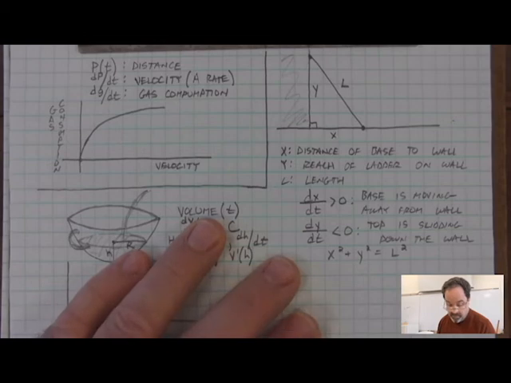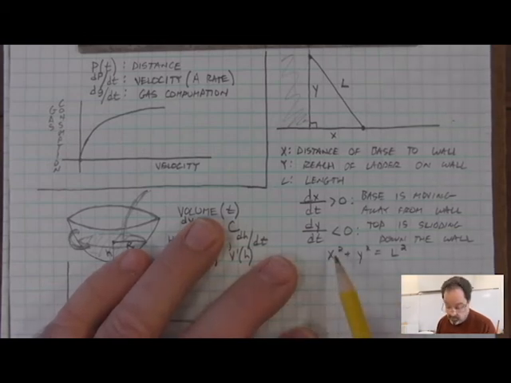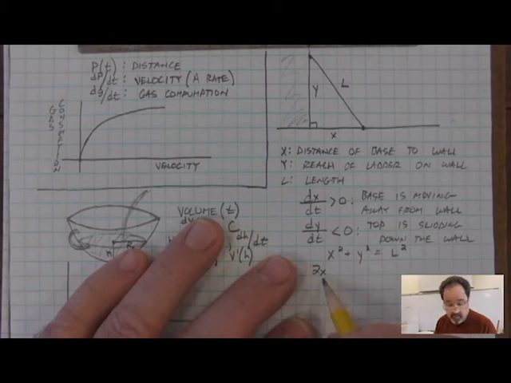And if we want to relate the rates, we take the derivative of this equation. We would do so implicitly, and if we do that, we get 2x, and then we're going to treat x as a function of time. So we must multiply, as if we're using the chain rule, by the derivative of x with respect to time. The derivative of y squared is 2y.